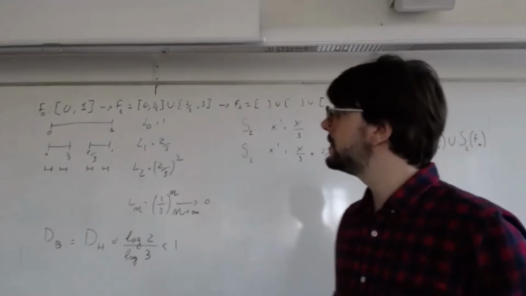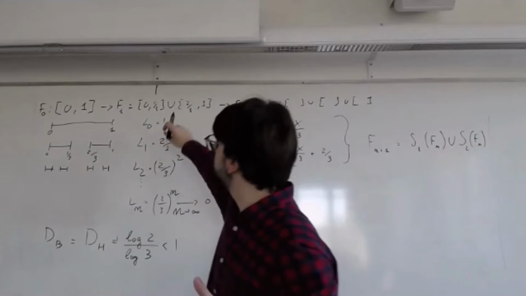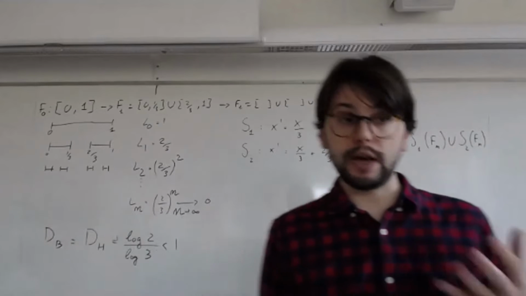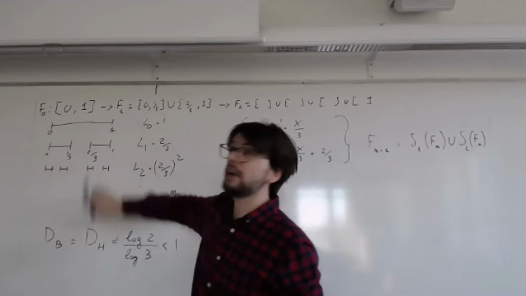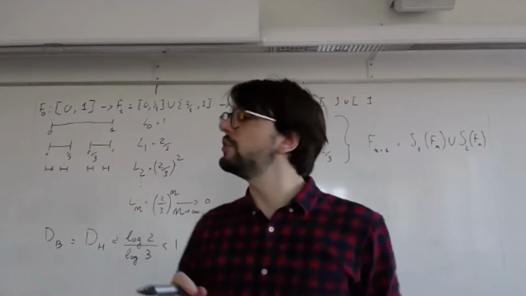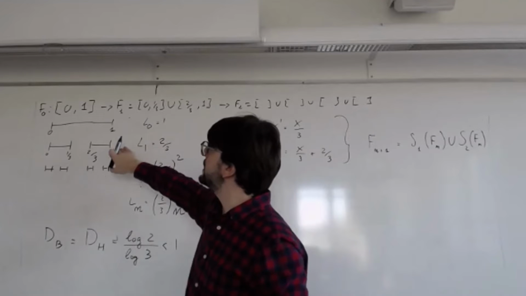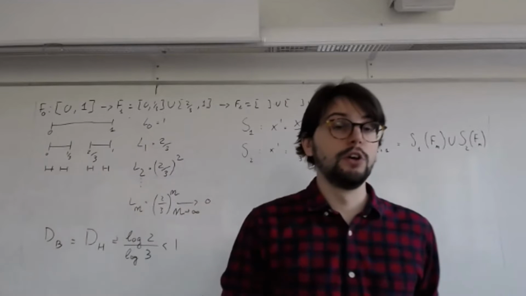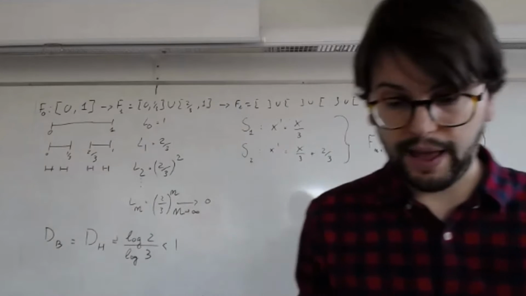So what this map does, or what the iteration that enables us to define the Cantor set does, is contracting the previous interval. So you have an interval that has measure 1, and then you contract it by 2/3 at each iteration. So you have a contraction that stays the same.